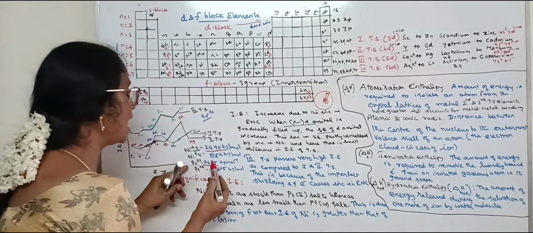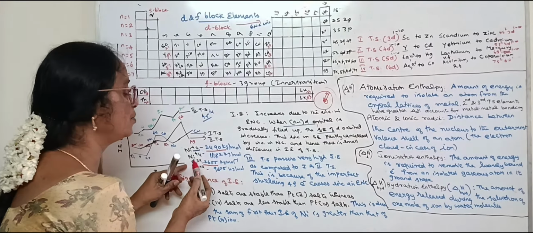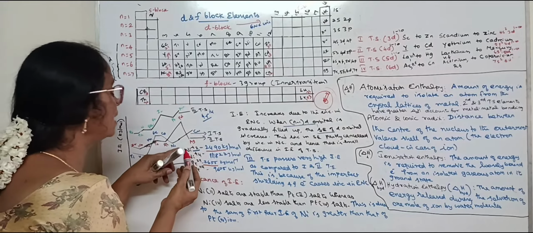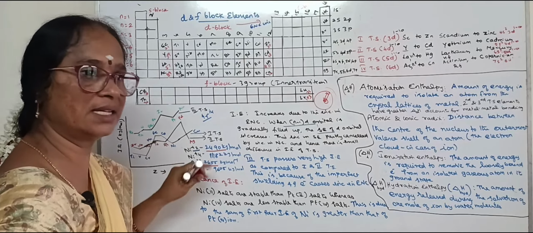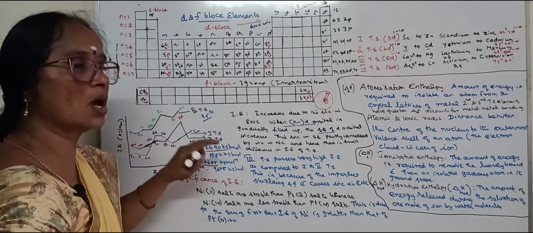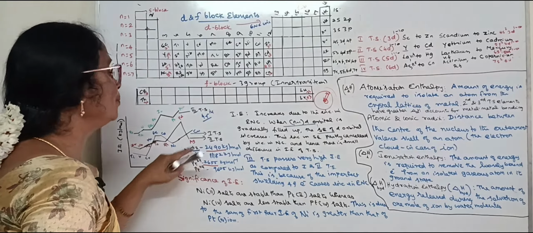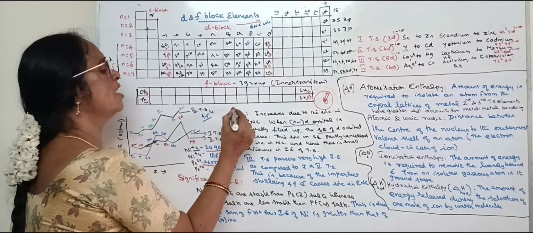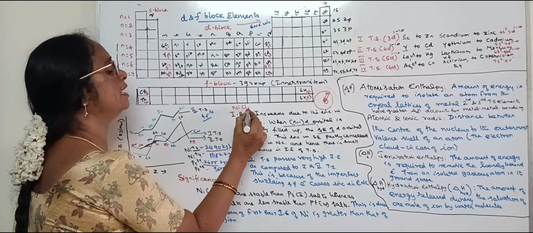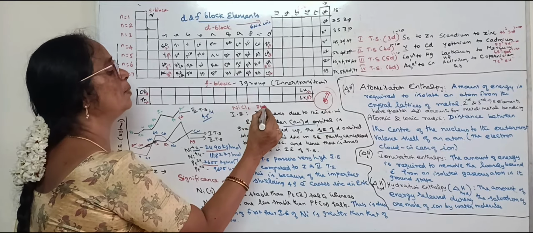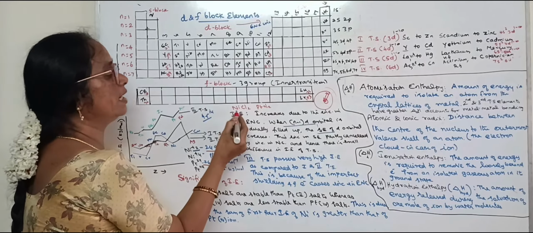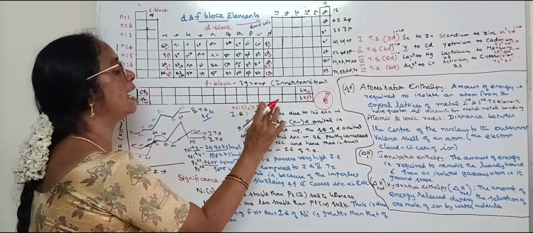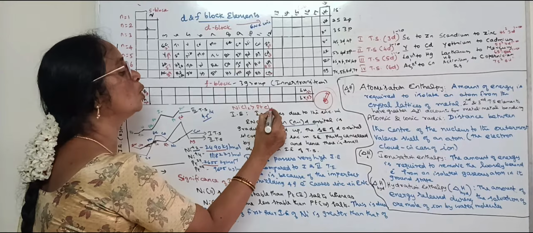So, as the ionization enthalpy of platinum 2+ is greater than that of nickel 2+, we can say nickel 2+ salts are more stable than platinum 2+. What do we mean by nickel 2+, platinum 2+? For example, I can write nickel chloride as well as platinum chloride. So, nickel chloride is more stable than platinum 2 chloride.